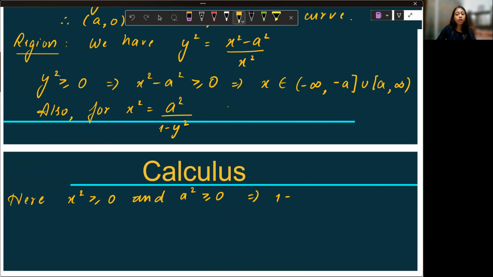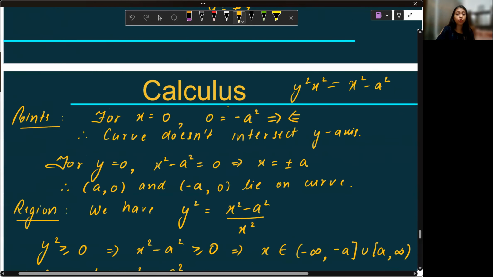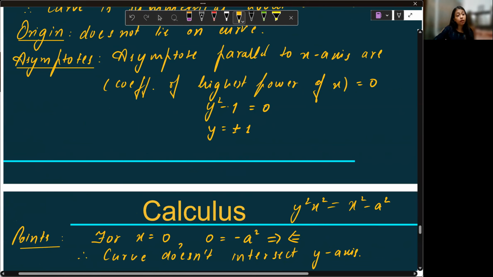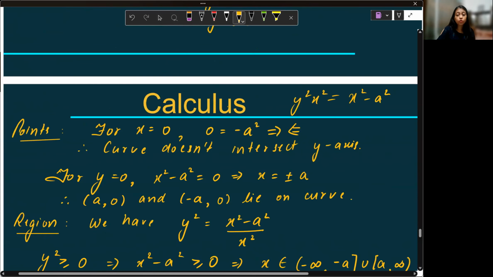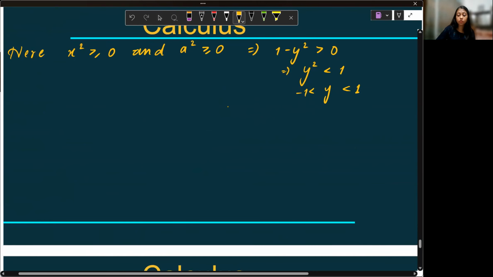That means 1 minus y square needs to be greater than 0. It cannot be negative. So if it is greater than 0, it implies y square is less than 1. So y belongs to minus 1 to 1. That means the range of your graph should not be more than 1, should not be less than minus 1. And you look at the asymptotes. At 1 and minus 1, we have the asymptotes also.